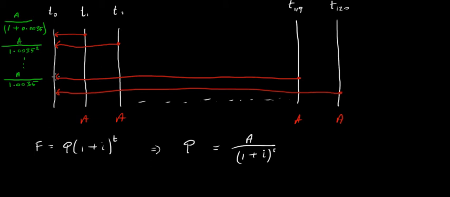Well, if you look here, from here to here is 1 month, and that's T1. From here to here is 2 months, and that's T2. So from here to here is going to be 119 months, so that's to the power of 119. And the last one then, you're looking at 120 months, so it's just going to be A over 1.0035 to the power of 120.